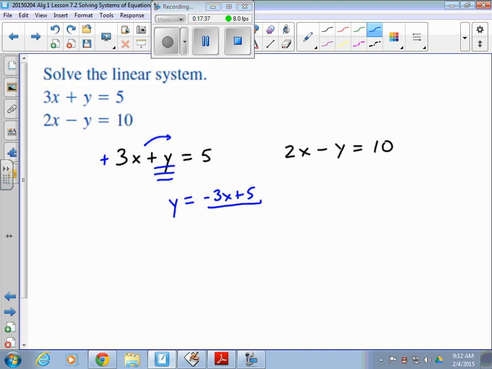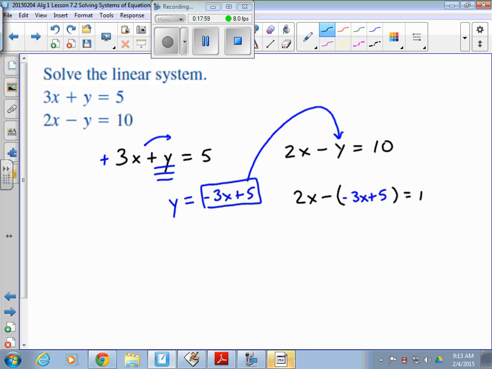Take this expression that represents y and substitute it in for y in the other equation. So 2x, it's still 2 times x, minus our new value for y, which is negative 3x plus 5, is equal to 10.